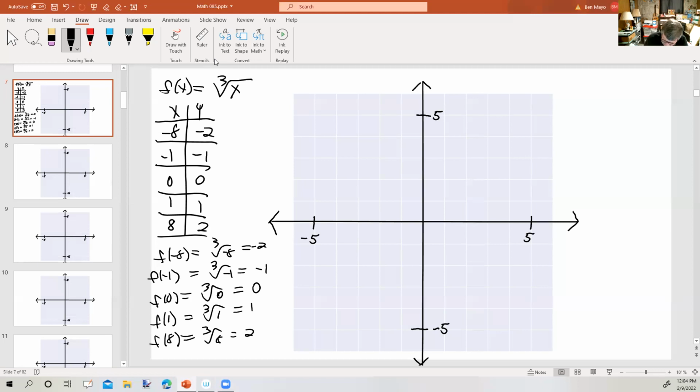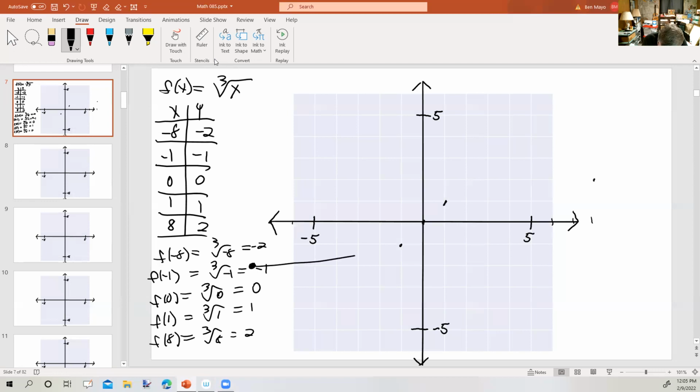Let's see, negative 8, negative 2, I can't put on this graph, but negative 1 I can, and 0, 0 I can, and 1, 1 I can, and 8, 2. Tell you what, let's kind of stretch it out. Let's say 5, 6, this is 6, 7, so 8 would be about here. So 8, negative 8, negative 2 is about there. 5, 6, 7, 8, positive 2 is about there.